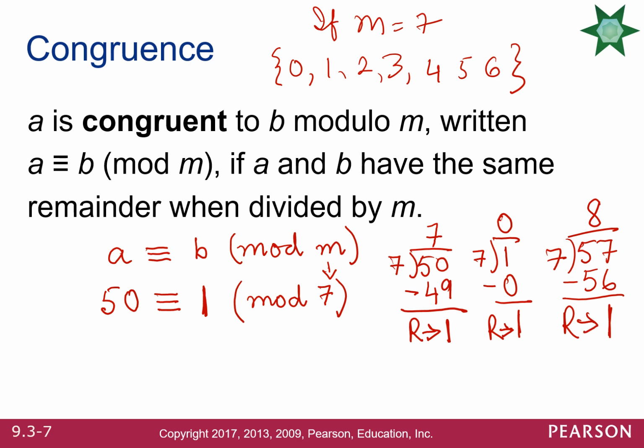Which means that 57 is also congruent with 50, and is also congruent with 1. But because 57 is greater than the value of m, we prefer to keep values for b which are less than the m value that we are working with.